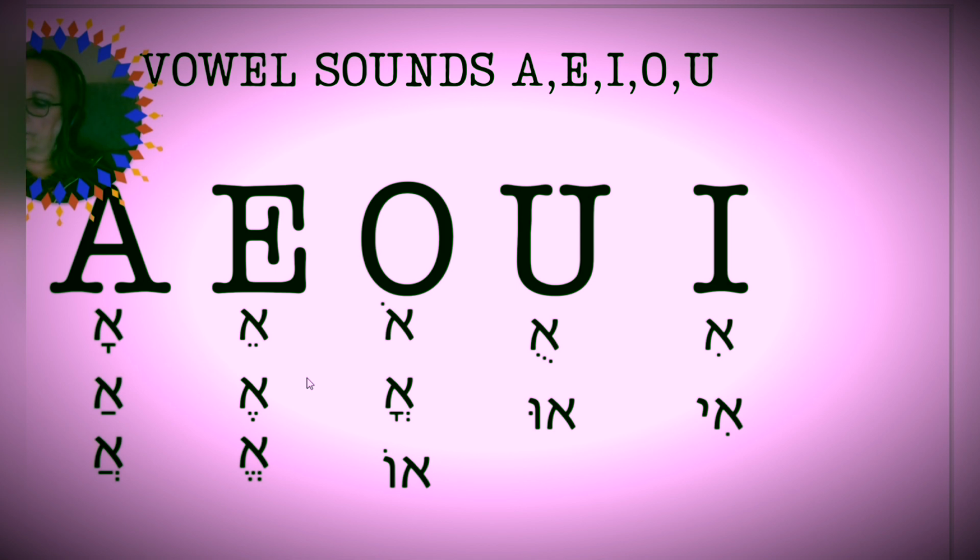And here we have a, okay, a as in father, and we have a. Notice the three different vowel markers, the nikuds. This one has two little dots on the right, but it doesn't change the sound. So we have a, and a as in father.